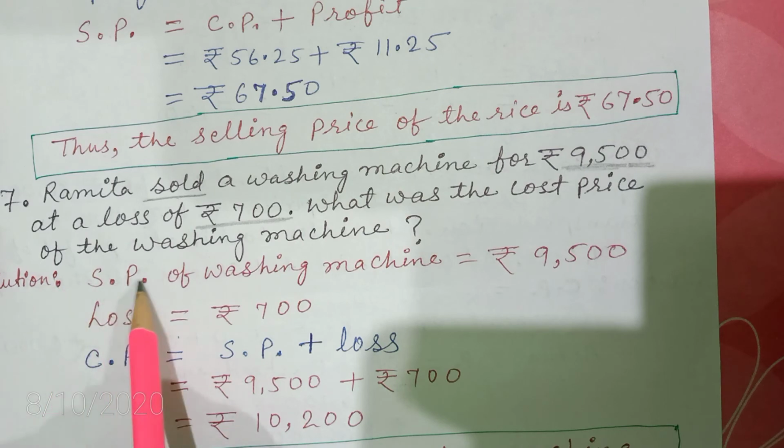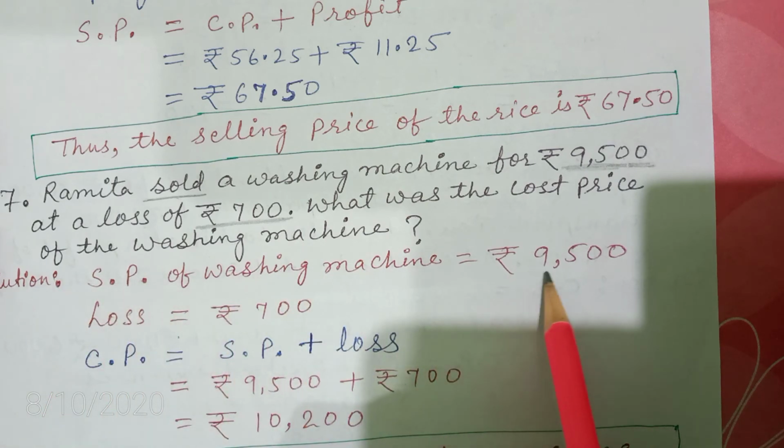Solution: SP of washing machine equal to rupees 9,500, loss equal to rupees 700. And you know children, CP equal to SP plus loss.